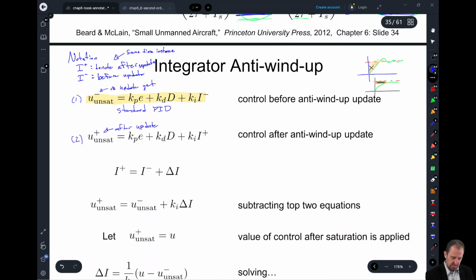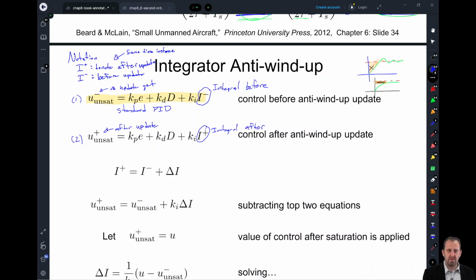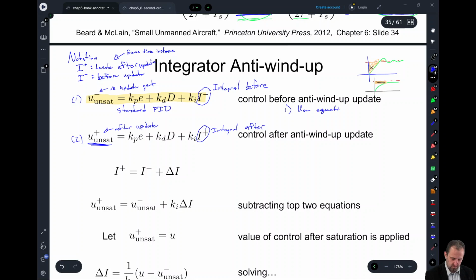What we're going to do is have our integral before and our integral after. Now, I want to clarify something right here. We don't actually calculate our U unsaturated like this. What we do is, 1, we use equation 1 to calculate our control.